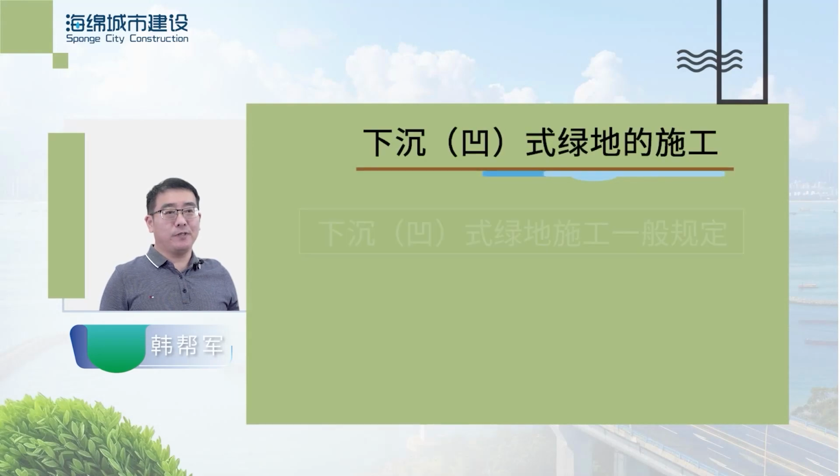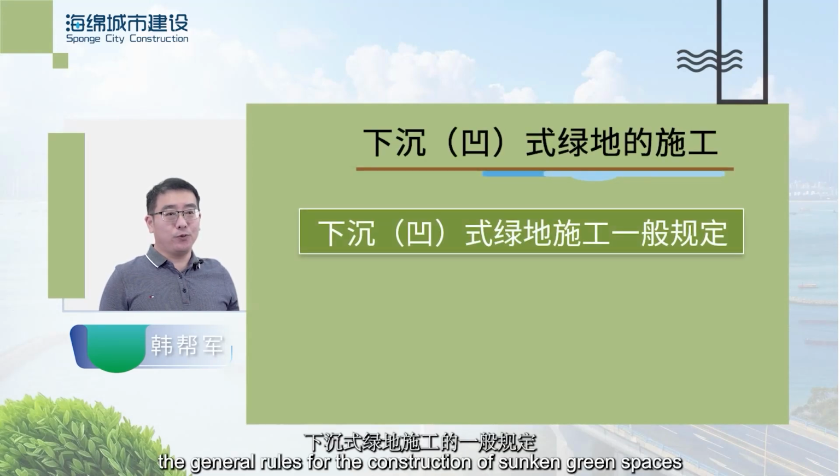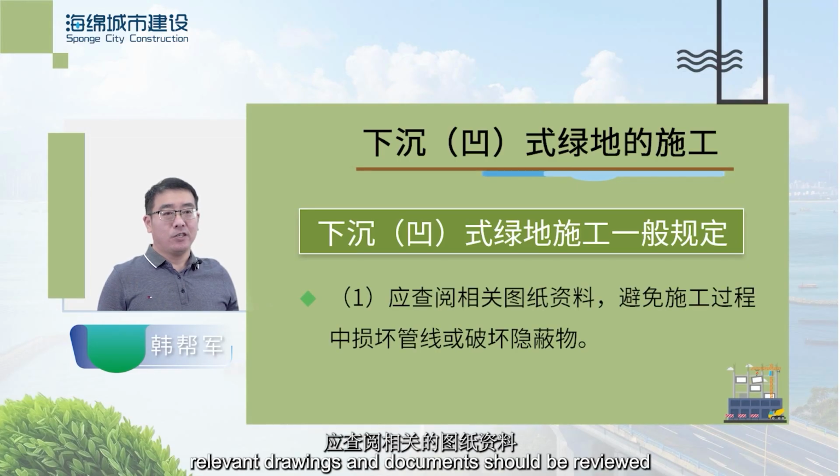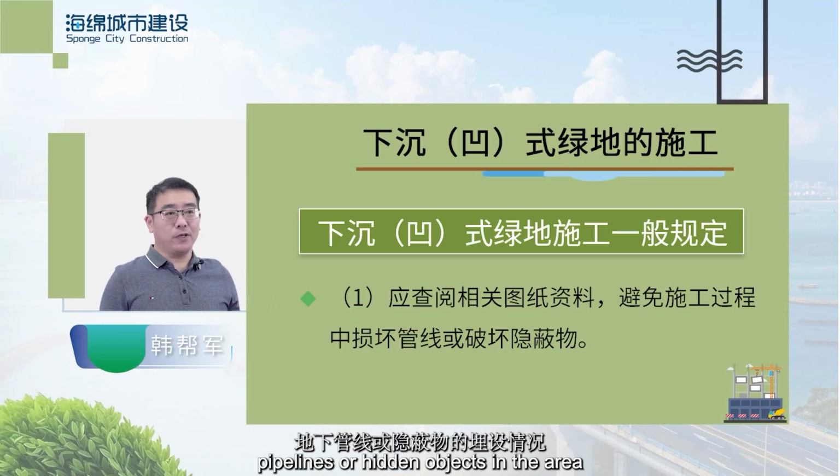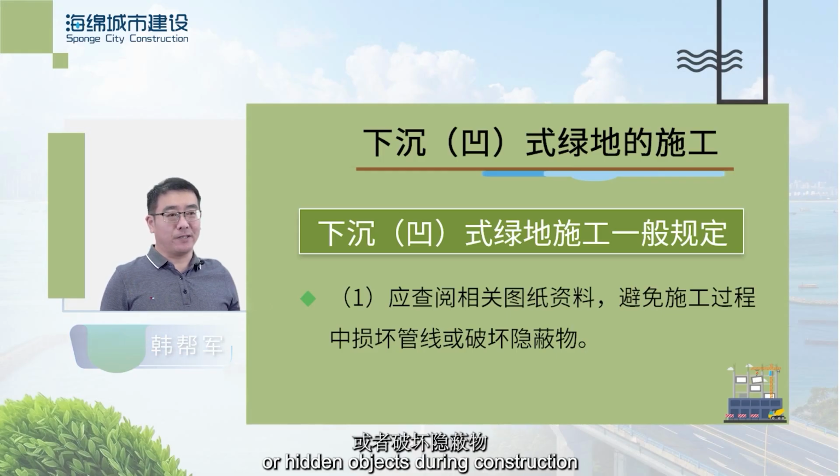Now, let's look at the general rules for the construction of sunken green spaces. 1. Before construction, relevant drawings and documents should be reviewed to identify the underground pipelines or hidden objects in the area. This avoids damage to pipelines or hidden objects during construction. 2.